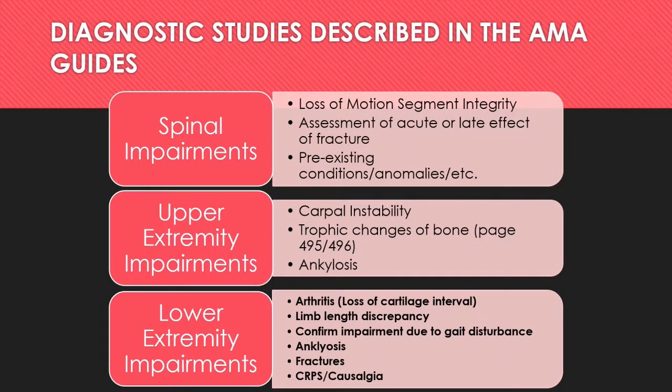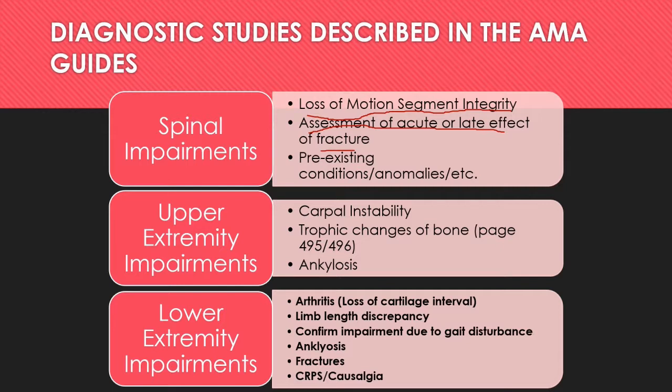Okay, so in chapter 15, which is the spine impairment chapter of the book, X-rays are utilized for the assessment of loss of spinal motion segment integrity, and we'll go over a case that involves loss of motion segment integrity. They're also required for the assessment of acute or the late effect of fracture.